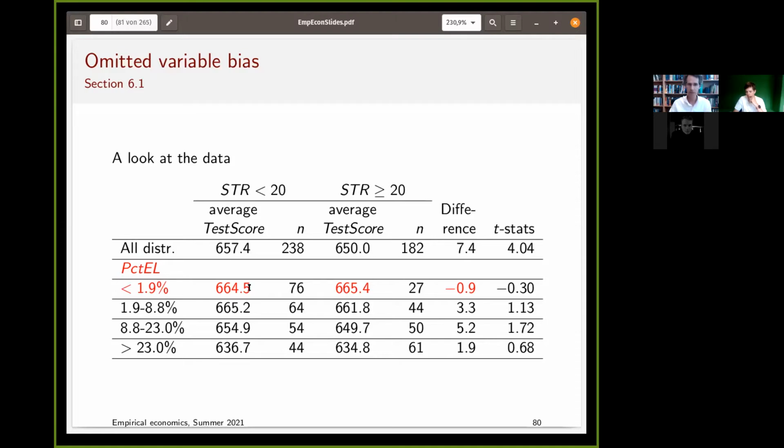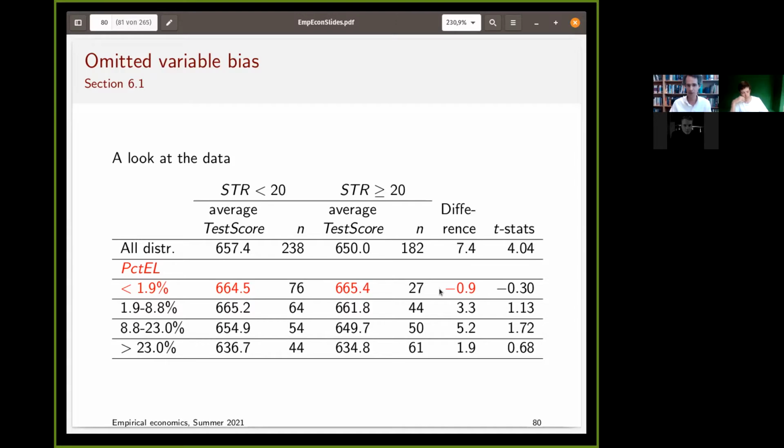And again, look at small classes and large classes in that case. And we can see that the small classes for those districts where the percentage of English learners is very small have an average test score of 664.5, while the large classes have an average test score of 665.4. So actually the large classes do very slightly better, not worse, but better, even though they are larger, than the small classes.